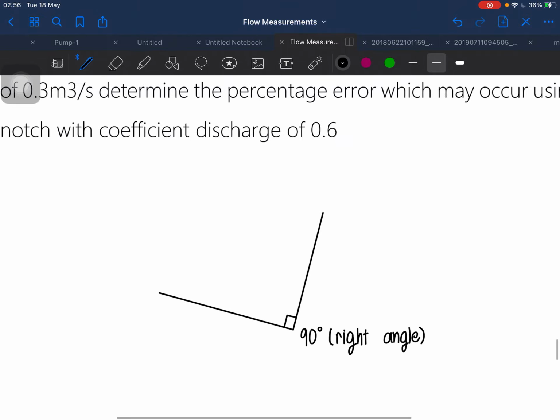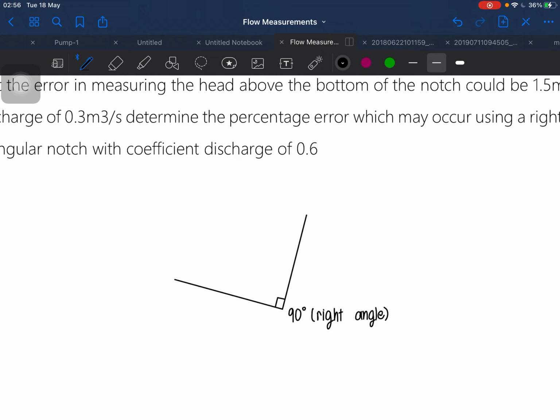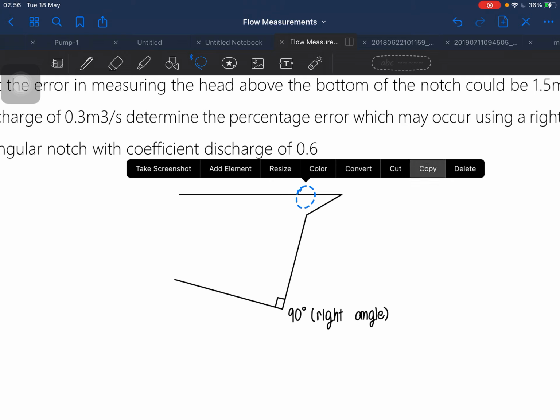Yeah, this is a right angle notch. And then this one would look like this. Copy.